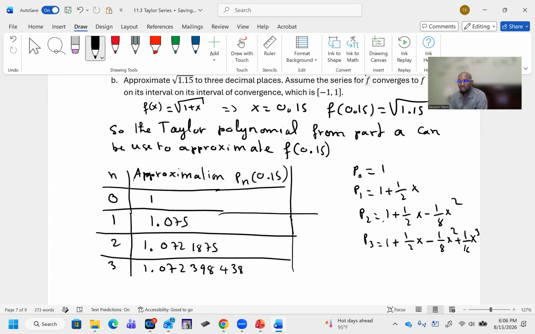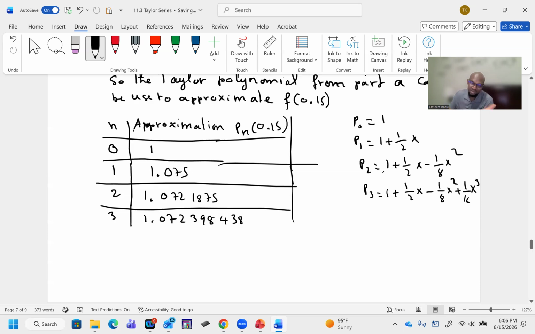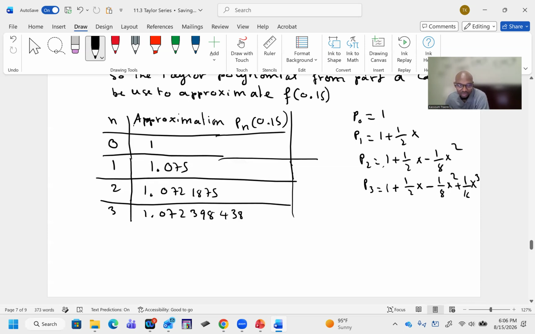So we can see that the approximations with n equal to 2 and n equal to 3 agree to 3 decimal places, right? The difference of this one is within 3 decimal places. So the approximation is, let me write that so you know why we stop here.